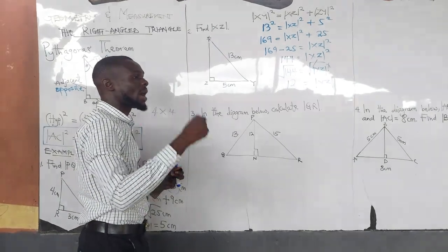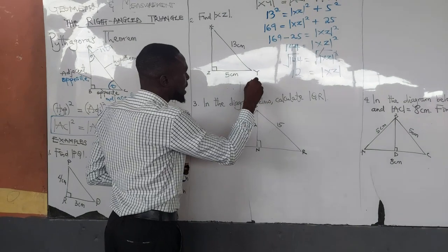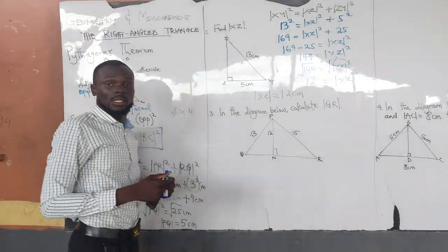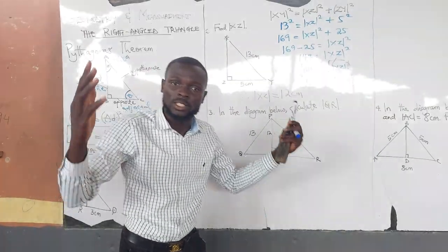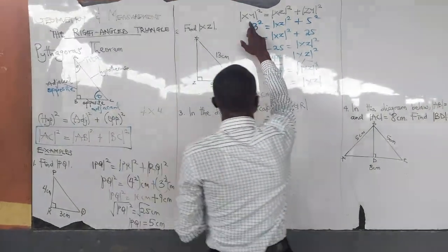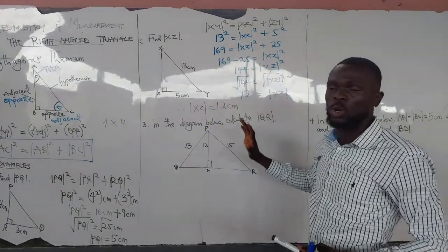We can state our answer as, therefore, line xz is equal to 12 centimeters. And that is all about the Pythagoras theorem. Once you are able to state what the theorem says, you can calculate for your work.